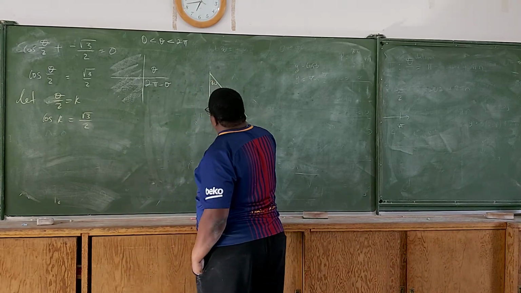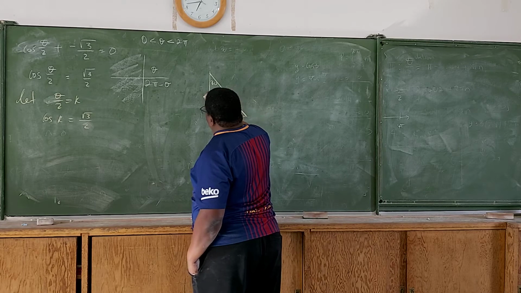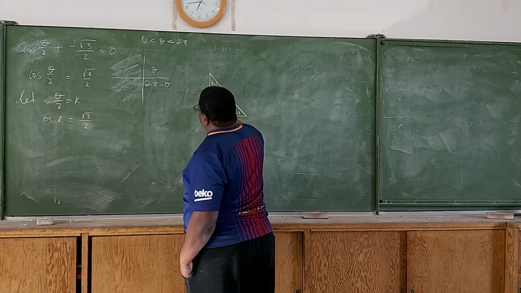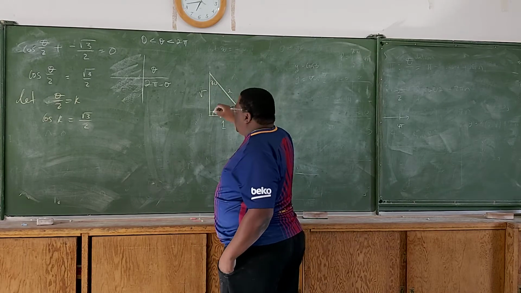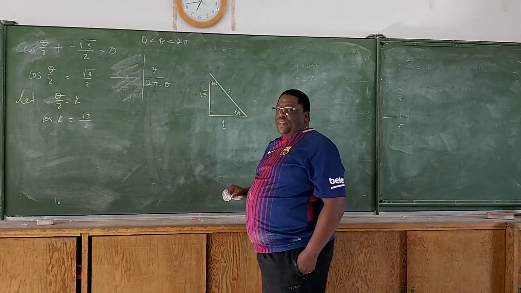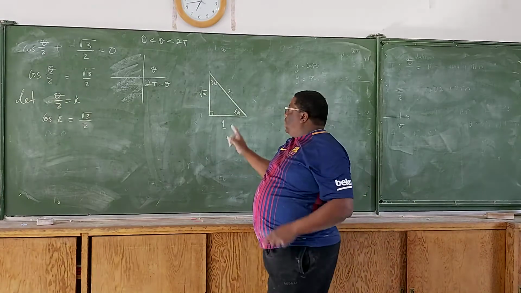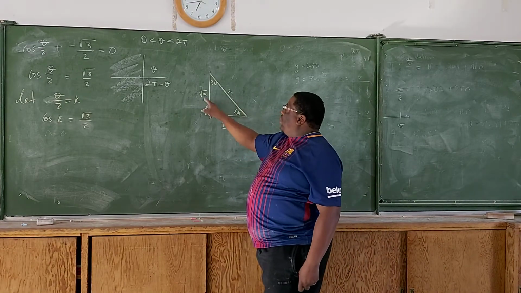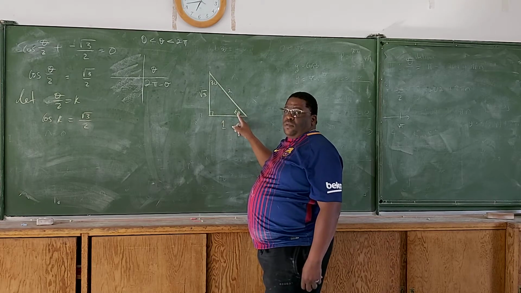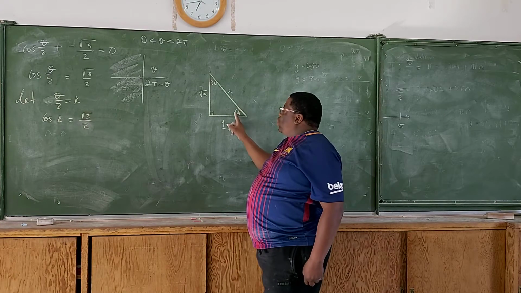That was 1. That was 2. That was root 4 squared minus 1 squared, 4 minus 1 is 3. Root 3. You remember that? The cosine of a certain angle gives you that. It's going to be that upon that. Is it not so? So 60 degrees.